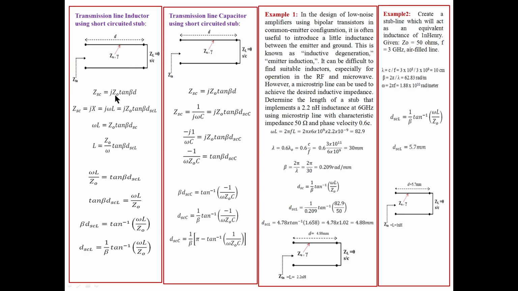X value changes here. For example, this is a particular transmission line with a characteristic impedance Z0, assume it is fixed. Then the X value depends upon d, the length you have taken. So you can change the X value, that is the input impedance, by changing the value of d.